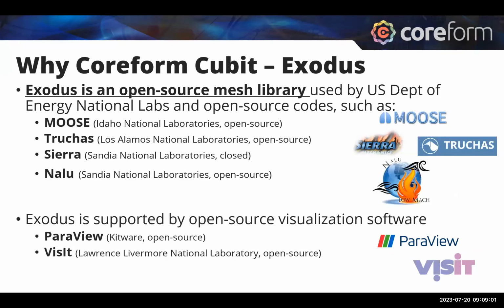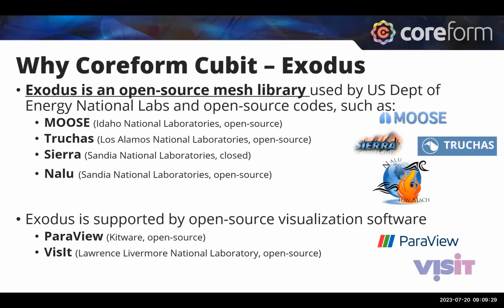So let's talk a little bit about Exodus. Exodus is an open source mesh library, as I mentioned before. It's used by the US Department of Energy National Labs, as well as open source codes, as either a supported mesh format or the native mesh format for several codes. Some of these from the national laboratories are Moose from Idaho National Labs, which itself is open source. You can find it on GitHub.